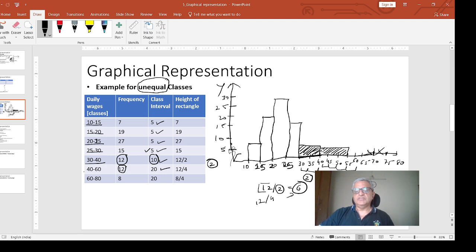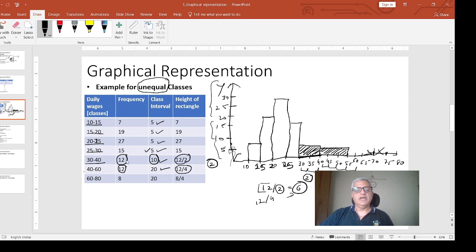3 is less than 5. It should be less than 5. Yeah, so 3. Okay, and this is how you are going to develop your histogram. Just look how proportionally I am decreasing my heights.